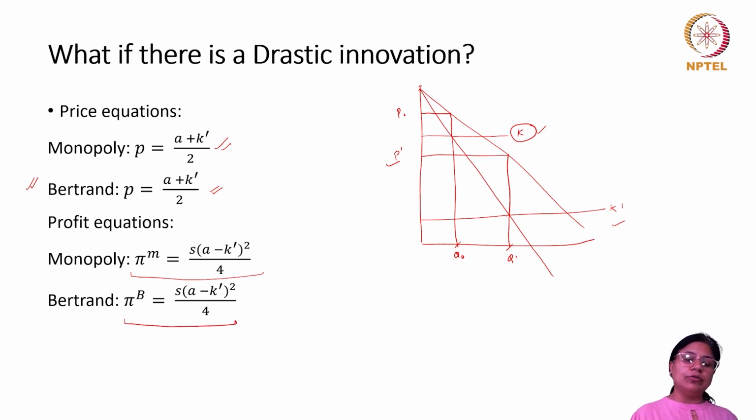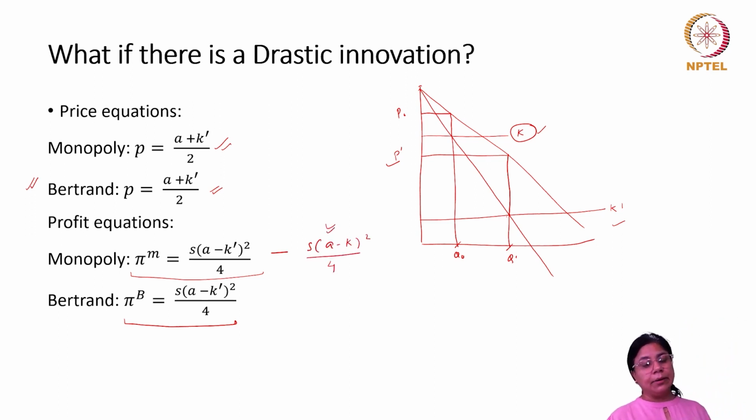But when a monopolist has to choose, they will subtract this term. Why? Because that was the profit that the monopolist was making earlier. If so, then clearly the Bertrand competitor will once again have more motivation, as he or she stands a chance of in fact becoming a monopolist with the extremely reduced price of a drastic innovation.